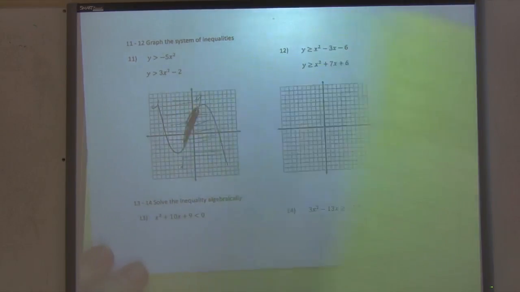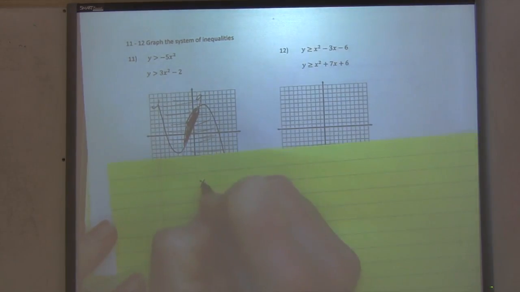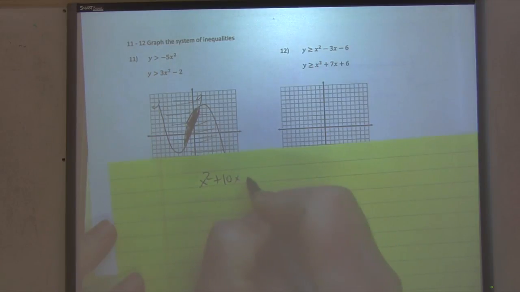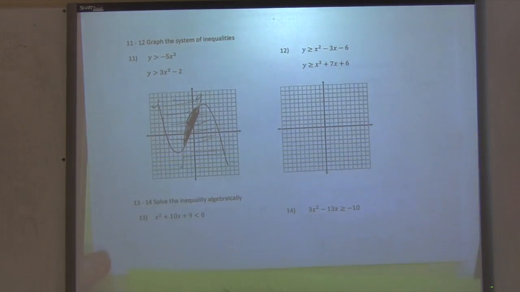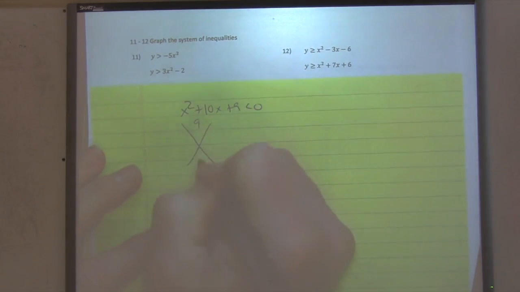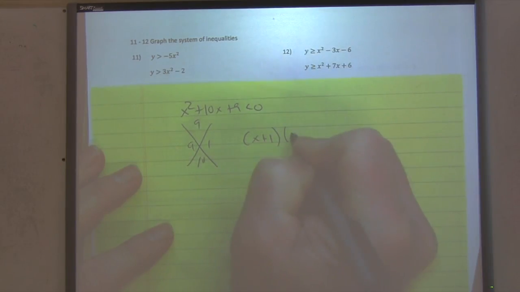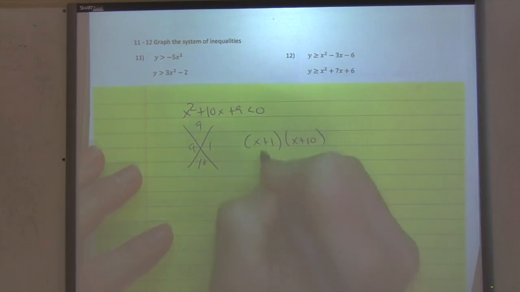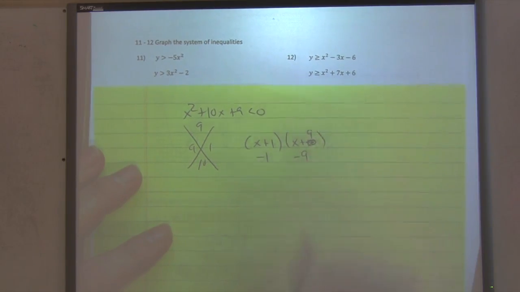And so we have to take, in this case, x squared plus 10x plus 9 is less than 0. And I'm going to try it by factoring. So that would be 9 and 10, which would be 9 and 1. So that would be x plus 1 and x plus 9. And so my answers are -1 and -9.